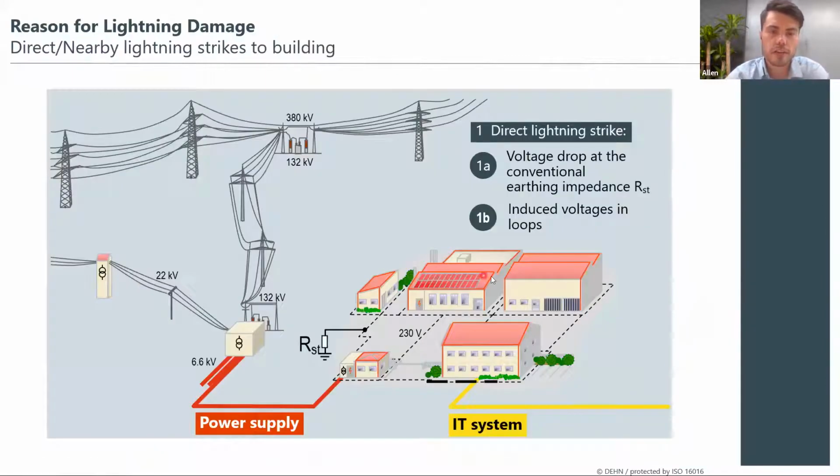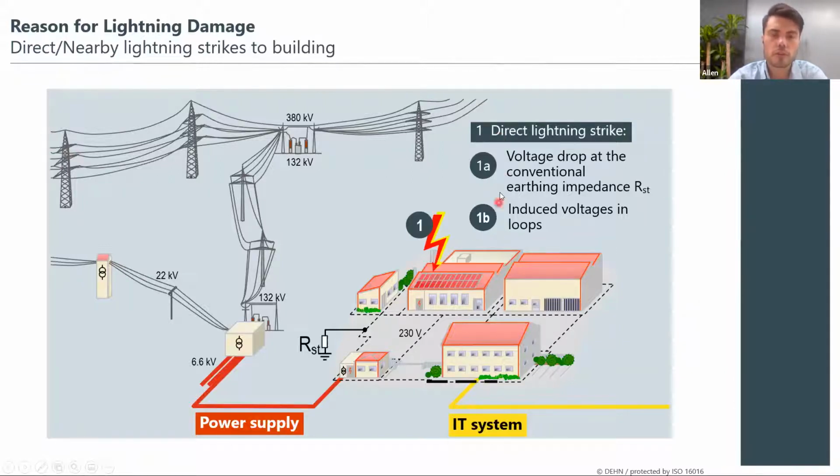An example of this is a direct lightning strike. As you can see, from the residential area, you have your earthing system that's been fed by an underground power cable, which then goes to a transformer, and then you have your overhead lines connecting all the different parts of the networks together. So now, one cause of lightning damage would be a direct strike to your building.